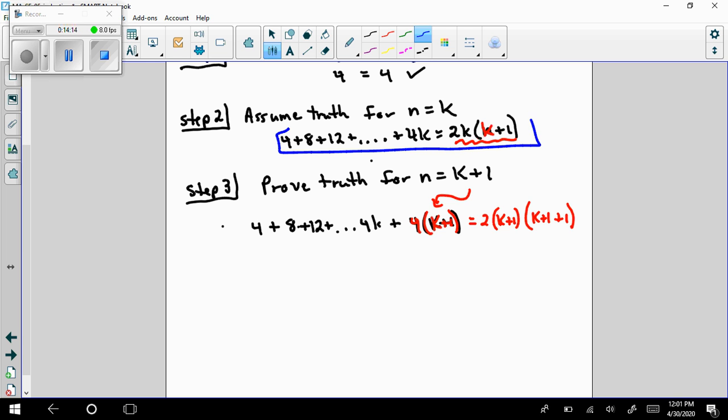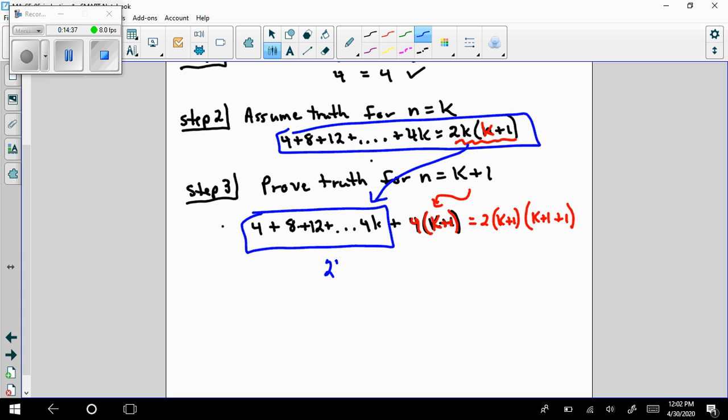Oh, there it's working. Okay, so right here, those two blue statements match, so I can use substitution. I can substitute my original statement in for my 4 plus 8 plus 12 plus 4k. So I have 2k times k plus 1. And then I still have my 4 times k plus 1.